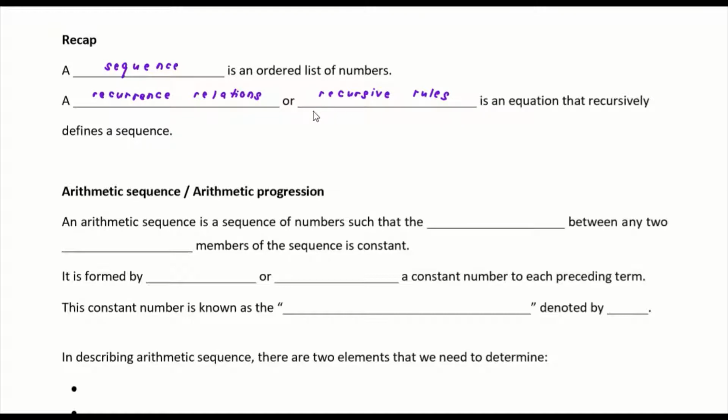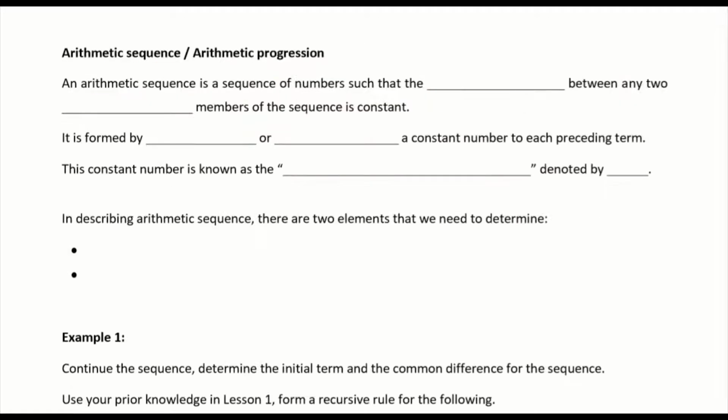For today's session, let's start with the arithmetic sequence. An arithmetic sequence is a sequence of numbers such that the difference between any two successive members of the sequence is constant. This means no matter which term you use, as long as you subtract the previous term, you should get the same number.